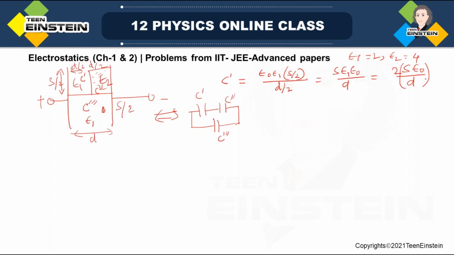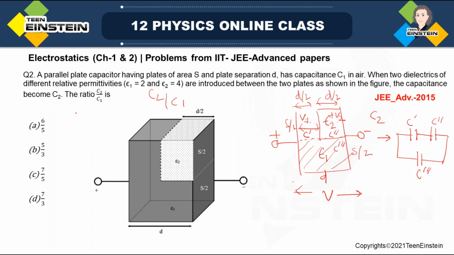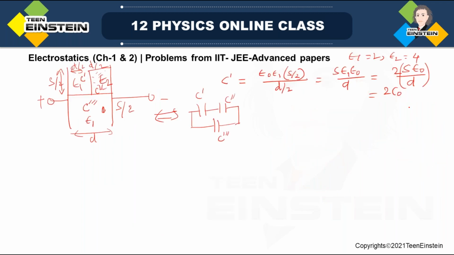In fact, when it was just this one and air was there, that time the capacitance according to the problem, this C1 is epsilon naught by d. So that is there. Let us keep it like this itself.